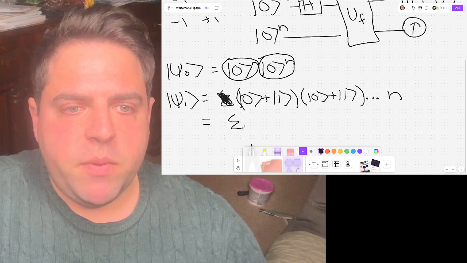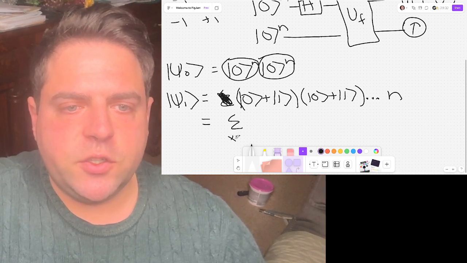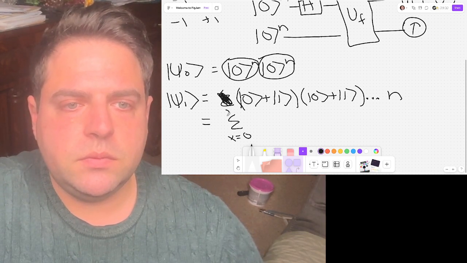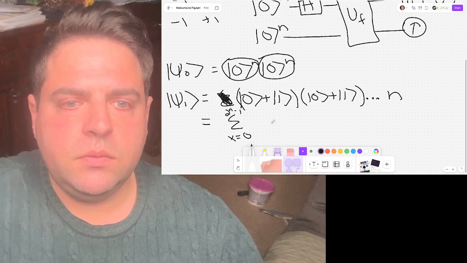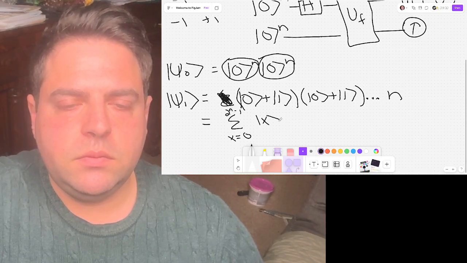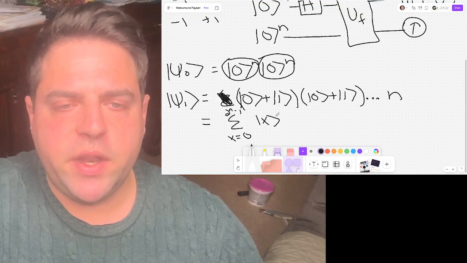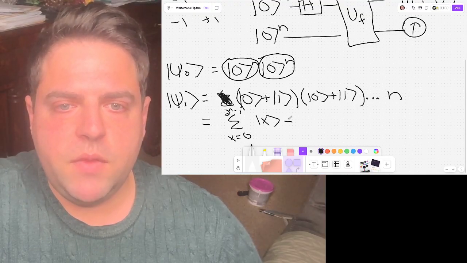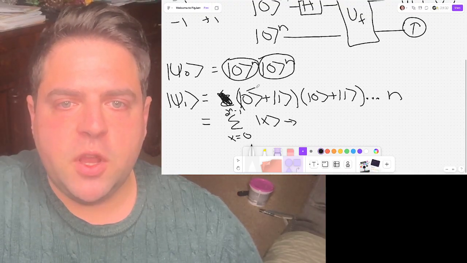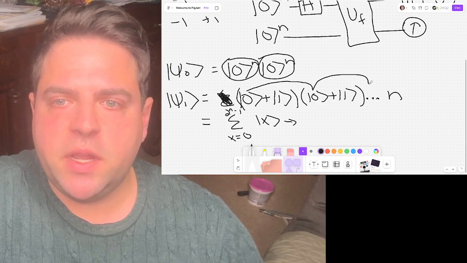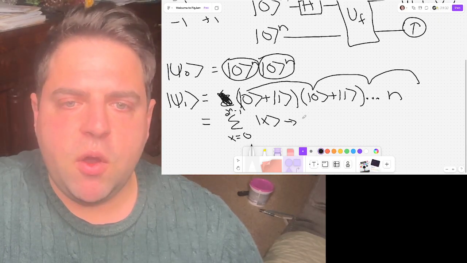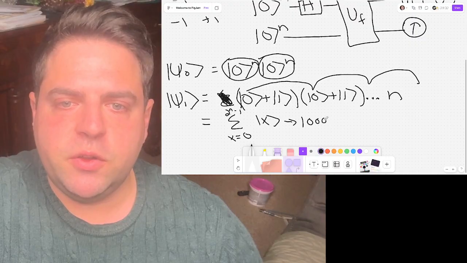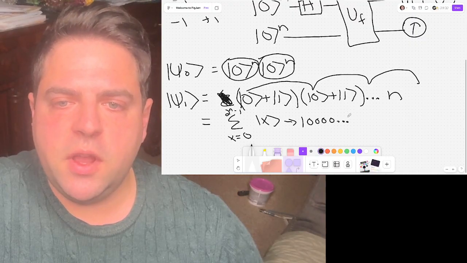And what the fancy mathematical formalism is actually going to say is this. Each x is an n-bit string. And we're foiling. So we take this times this times this times this. Our first term is just going to be 0, 0, 0, 0, n zeros again.